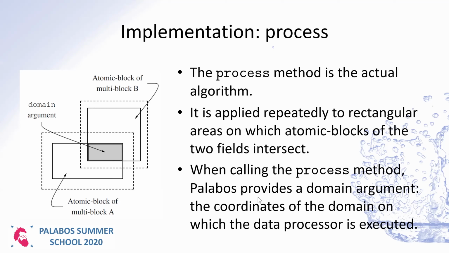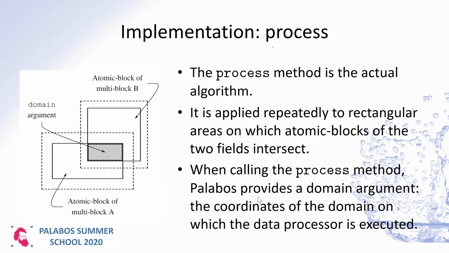Now these smaller domains can have very unexpected shapes, because what happens behind the scenes is that you are going to do a coupling between a multi-block A and a multi-block B, but maybe they are not subdivided in the same manner into atomic blocks. They have maybe different subdivisions. So what Palabos is really going to do is take the atomic blocks of those fields and search for overlaps. And all these overlaps are rectangular domains for which Palabos calls the data processor once.